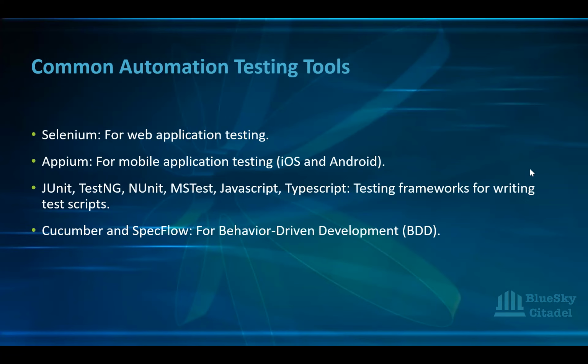So we'll move on. I would touch on some of this quickly. Selenium is the most popular, a widely used open source tool. For those who don't know, open source means a tool that you don't need to pay for.